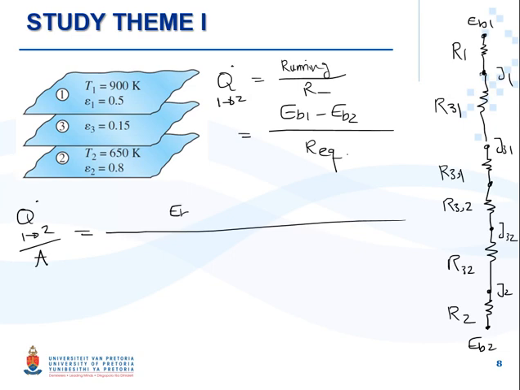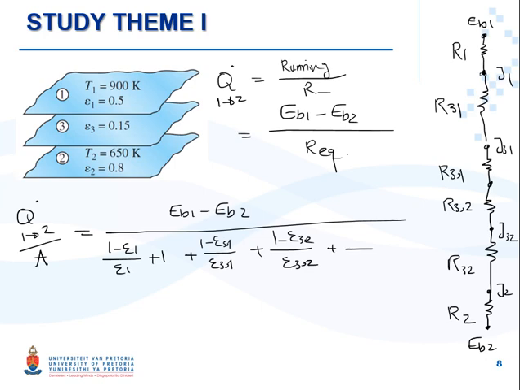It's EB1 minus EB2 over (1 minus epsilon 1) over epsilon 1 plus 1, plus (1 minus epsilon 31) over epsilon 31 plus (1 minus epsilon 32) over epsilon 32, plus (1 minus epsilon 2) over epsilon 2 plus 1.